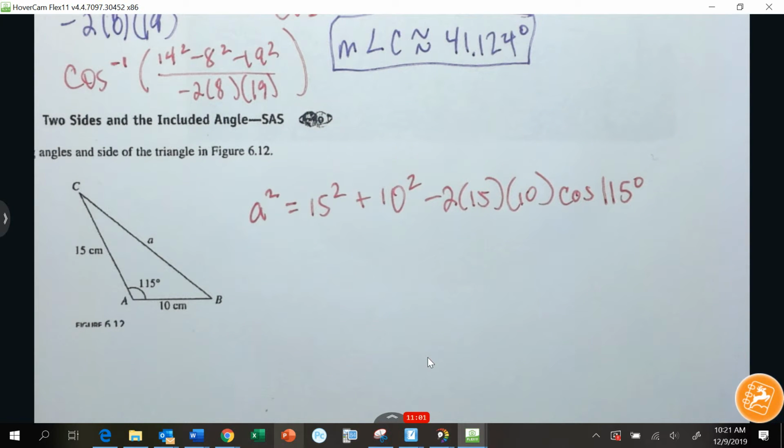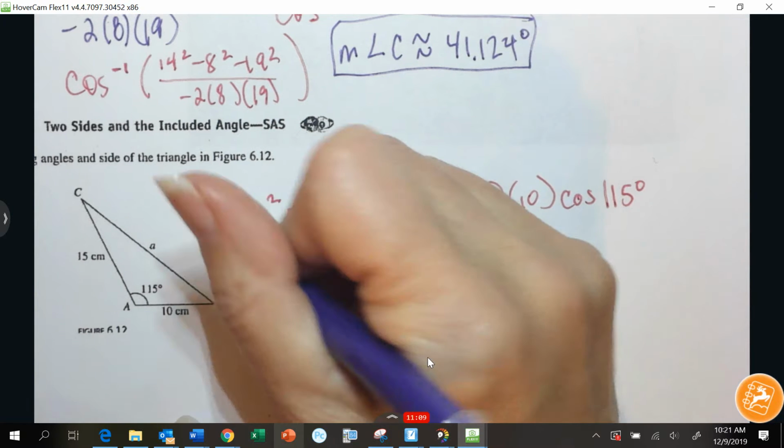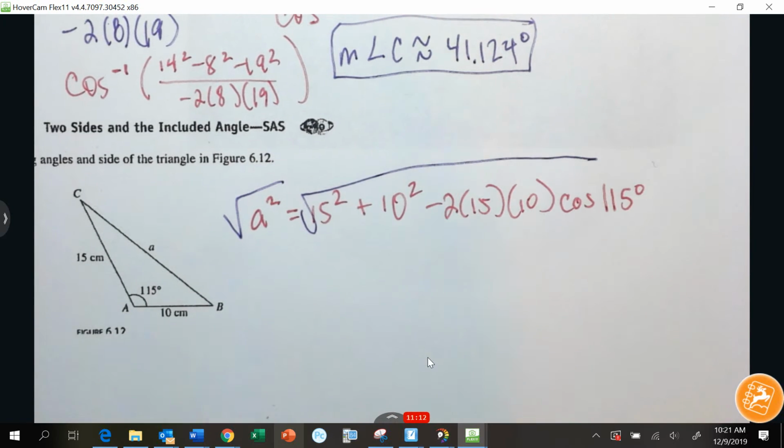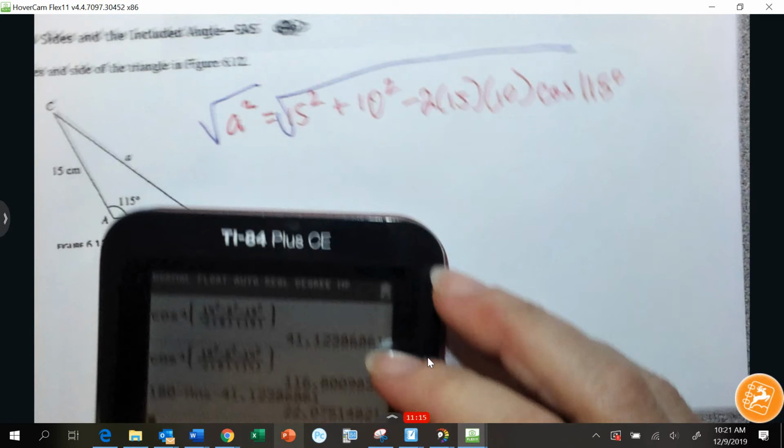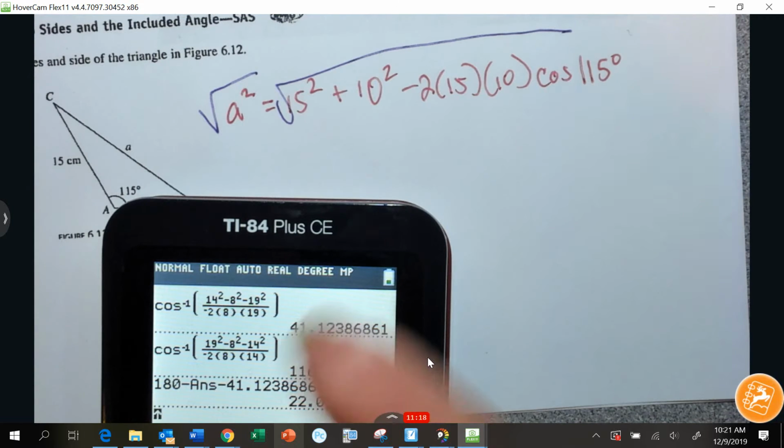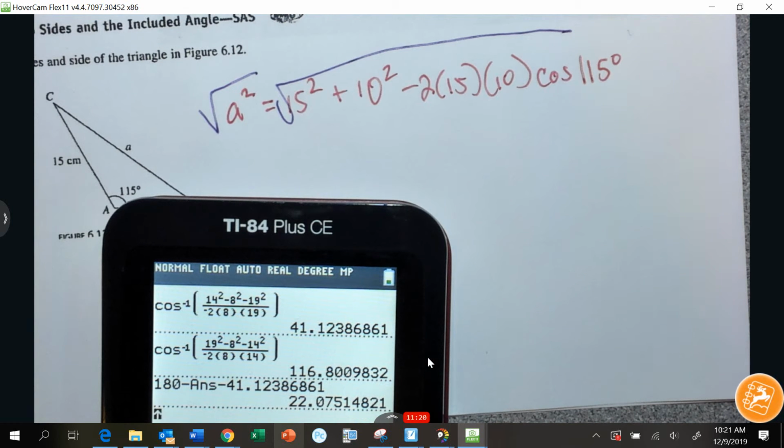Where's my variable? By itself, all I have to do is square root both sides and I'll have the answer. So all I have to do is type that in my calculator. I don't even have to solve anything, which is, if you use the other formula, it's the same way.